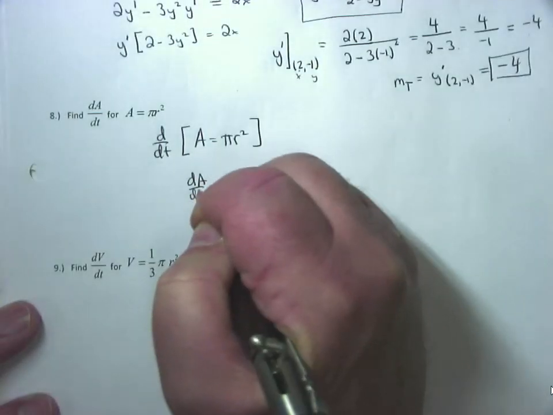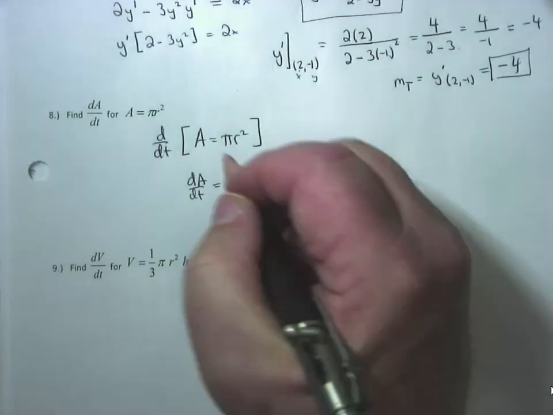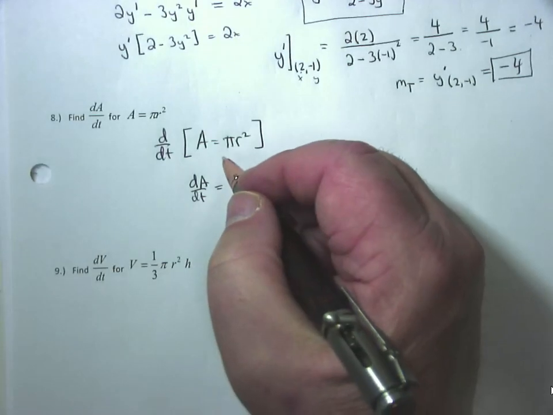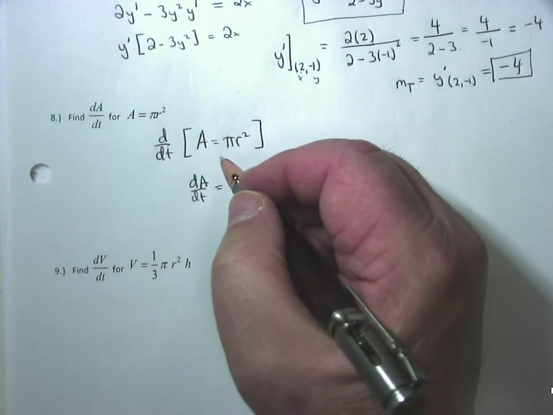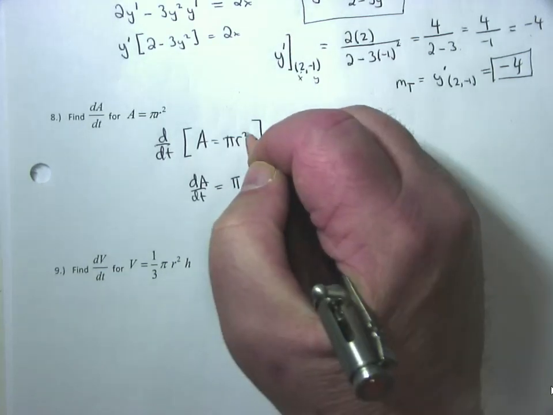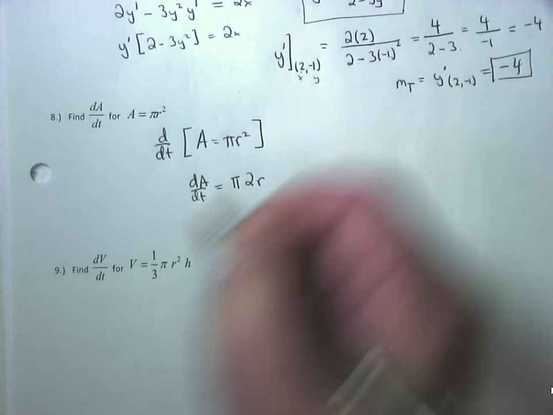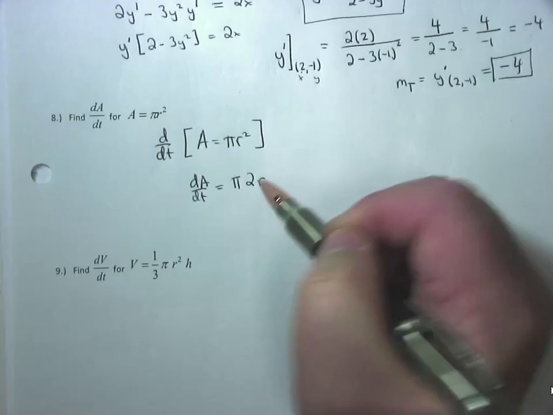dA over dt. A is one variable. It's 1 times dA over dt, equals pi, 3.14159. Yeah, it's a number. It's a constant. It holds over. What's the derivative of r squared with respect to t? Well, the derivative of r squared is going to be 2r, but it's the chain rule. That's the derivative of the outside.